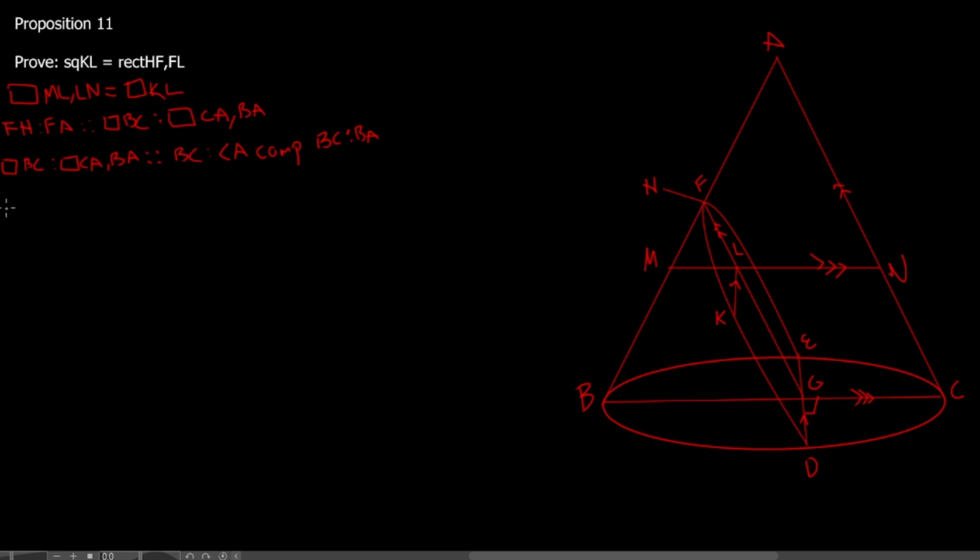So let's rewrite and let's do FH is to FA as, these two terms are the same, so we'll substitute, BC to CA compounded with BC to BA. And now we're going to try to substitute for these little parts. So let's look at where BC is and CA is.